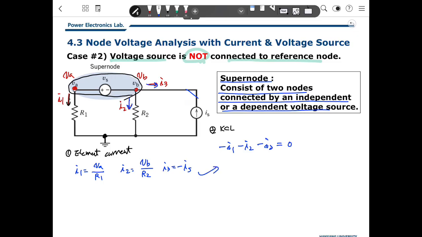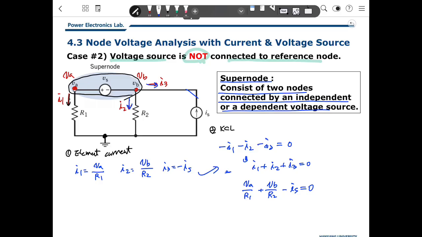So we can write I1 plus I2 plus I3 will be 0. That is VA over R1 plus VB over R2 minus IS will be 0.